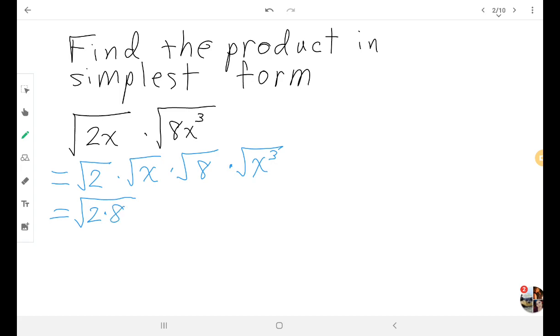If I can take them apart, I can put them back together. And then we've got all x's, and I'm going to do the same thing to that. I'm going to do x times x to the third, and then I'm going to look at what I can do with those, okay? 2 times 8 is 16, so I'm looking at the square root of 16 there.